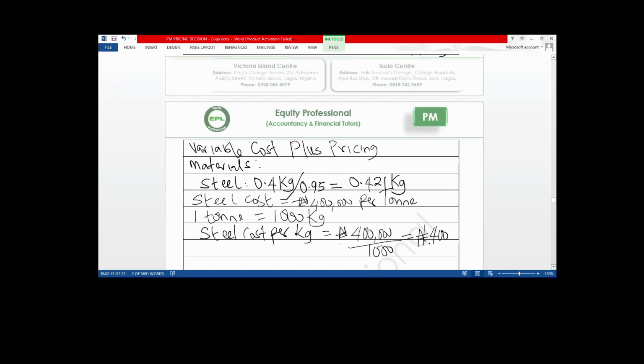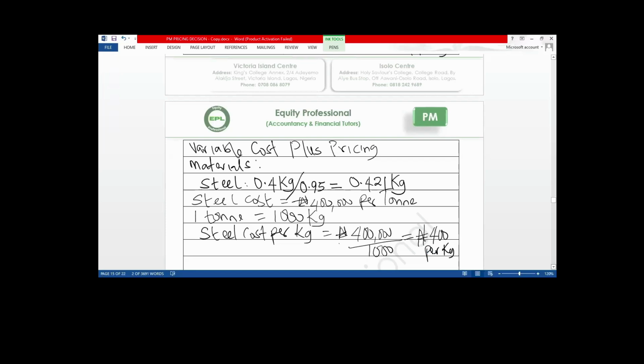This is not foundation class, because this topic is also available in foundation, when it comes to pricing, under what is called costing. So we have gotten 400 naira per kg.